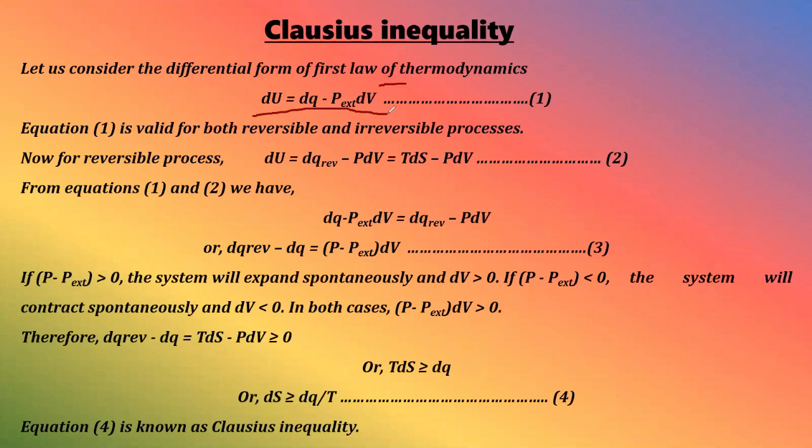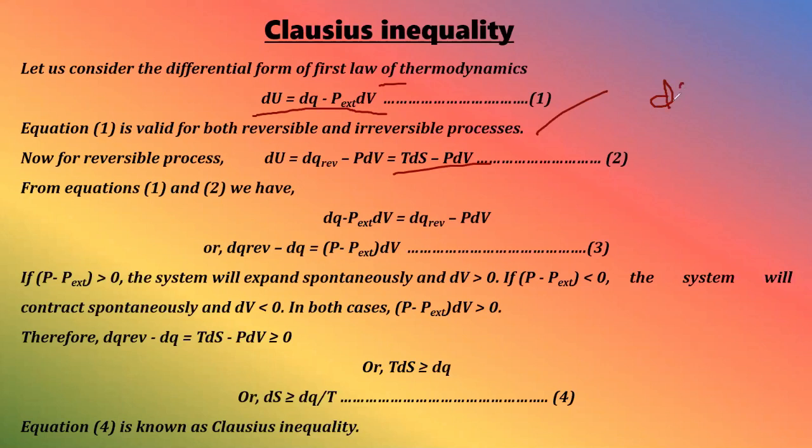Equation 1 is valid for both reversible as well as irreversible processes. What they are doing, for reversible process, dU equals to dq minus pdV equals to TdS minus pdV. dq reversible equals to, we people have seen that dS equals to dq reversible by T. We have seen this, na?